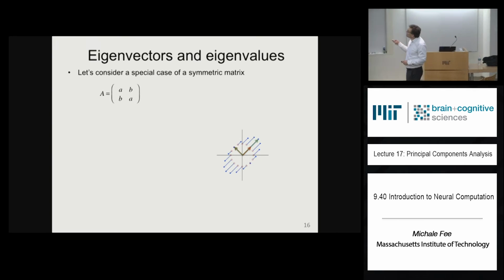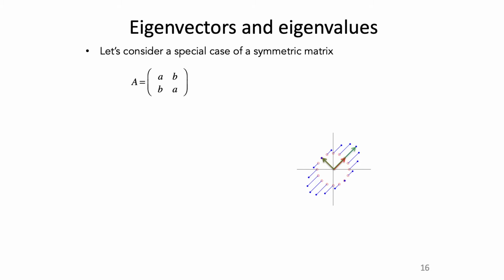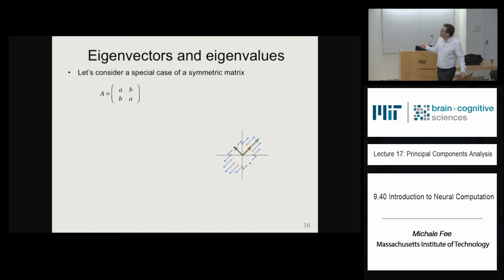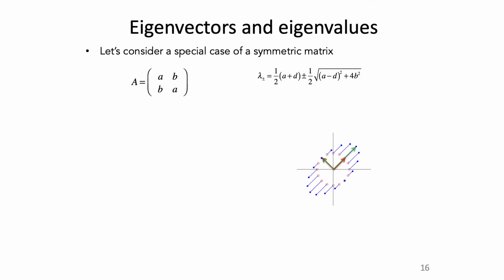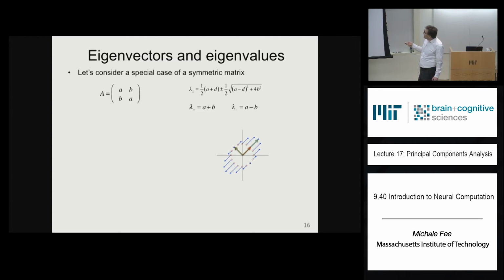Now let's consider a special case of a symmetric matrix, where the diagonal elements are equal and the off-diagonal elements are equal. We can update this equation for the case where the diagonal elements are equal, so A equals D. And what you find is that the eigenvalues are just A plus B and A minus B.